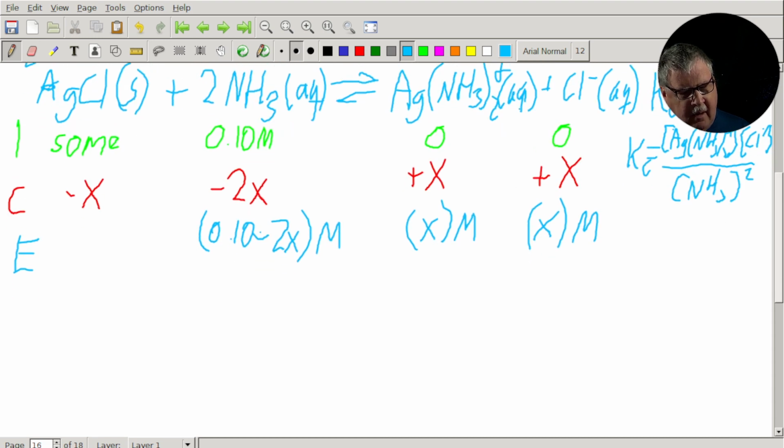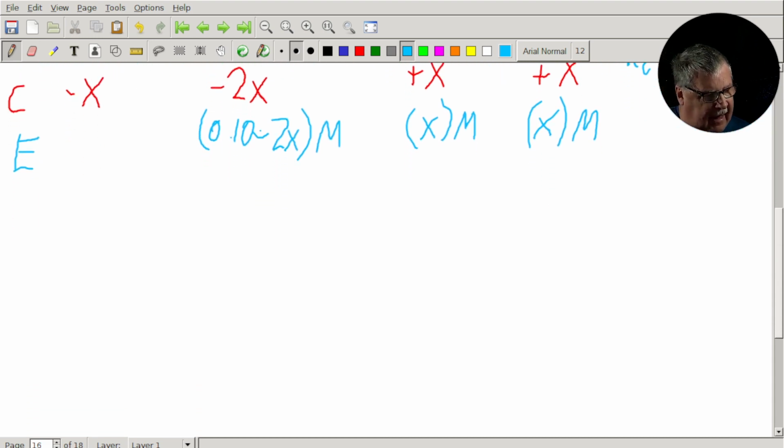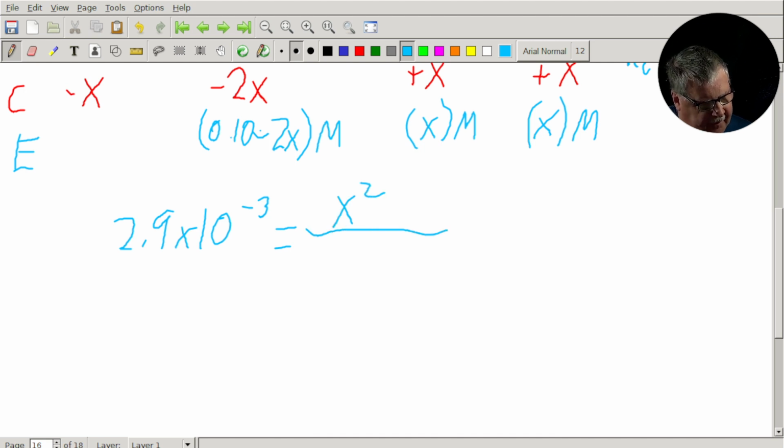So our equilibrium constant, 2.9 times 10 to the negative third, is equal to x times x, or x squared, divided by (0.1 minus 2x) all squared.